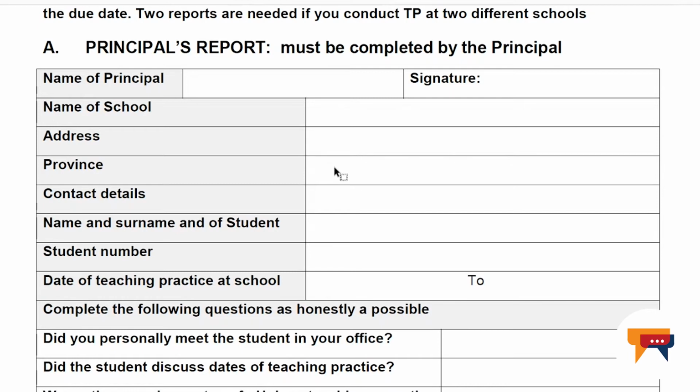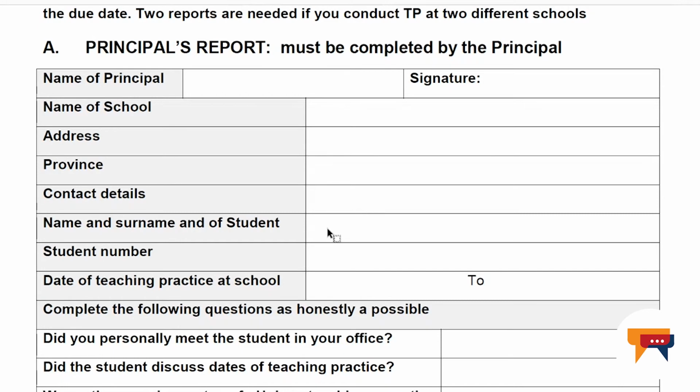It is important to write the province where the school is situated, where you are conducting your teaching practice. International students, write your state, not just the country, the state in that country. The contact details here are not your contact details, but the contact details of the school.